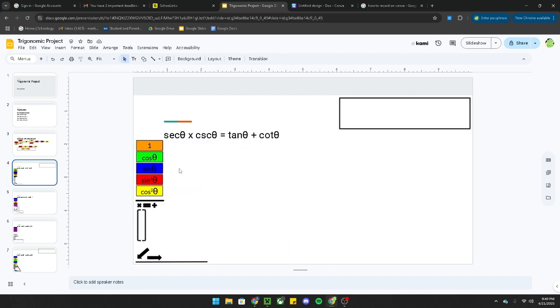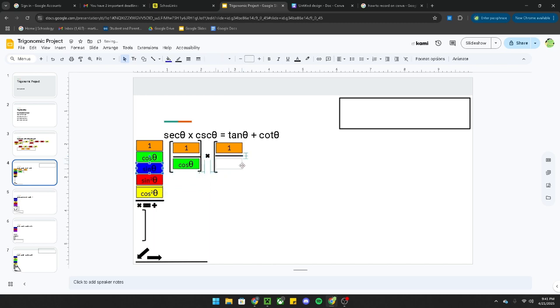Going on, secant theta would be 1 over cosine, and then multiply that by cosecant, which is 1 over sine.